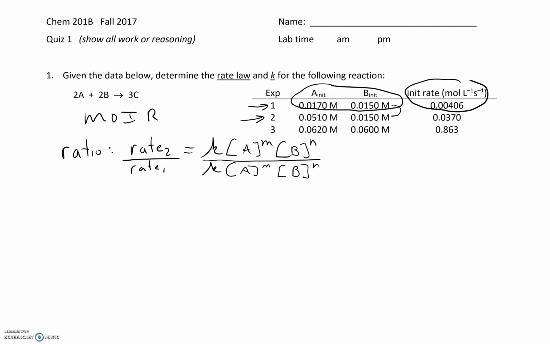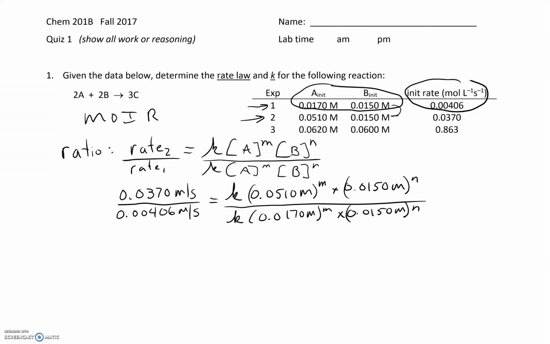We can add in the information to this equation, so it'll look like this, where I've simply filled in the ratio of the rates on the left-hand side of the equation and the ratio of the rate law portion with the concentrations involved in the right-hand side of the equation.